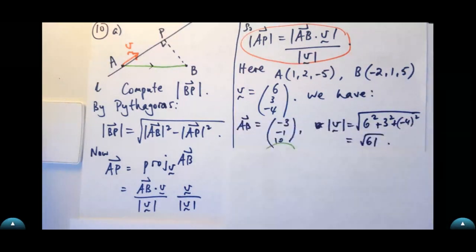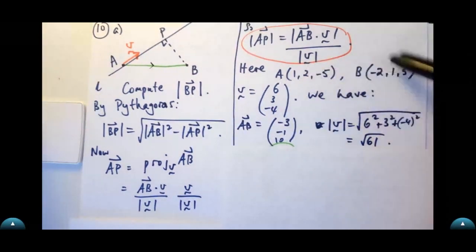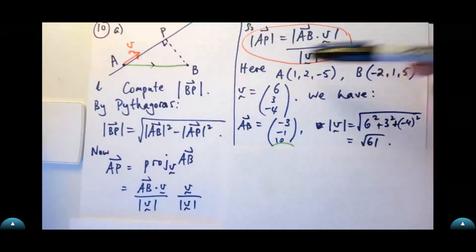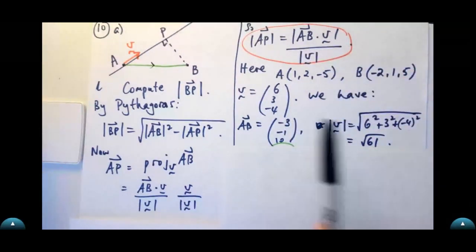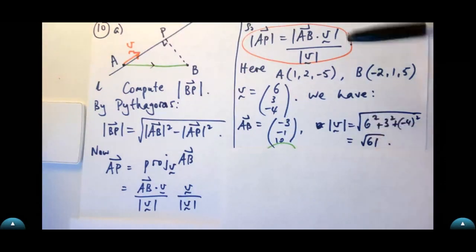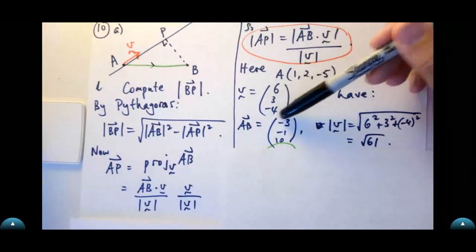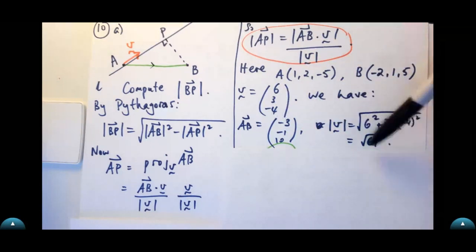That's what I've done in the next bit. The vector from A to B is the vector for this minus the vector for this, and I need the length of V. How do you do that? You square the components, add them together, and take the square root.